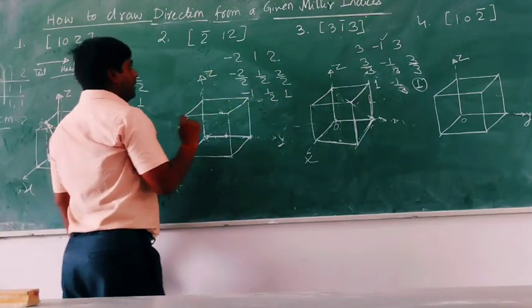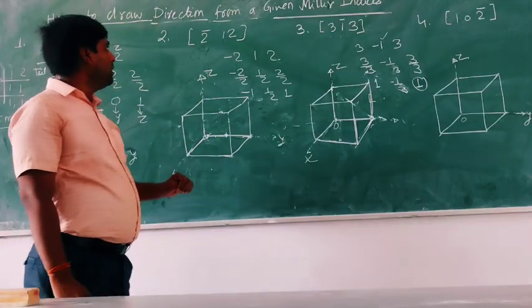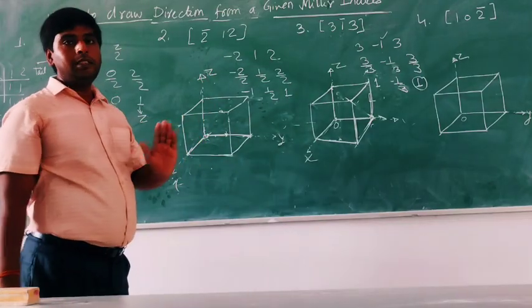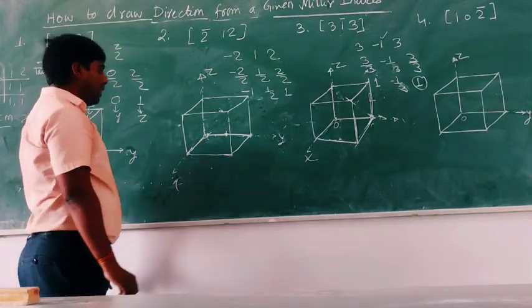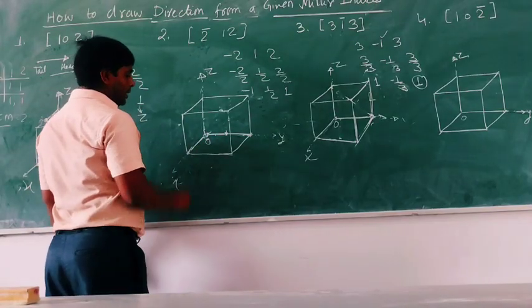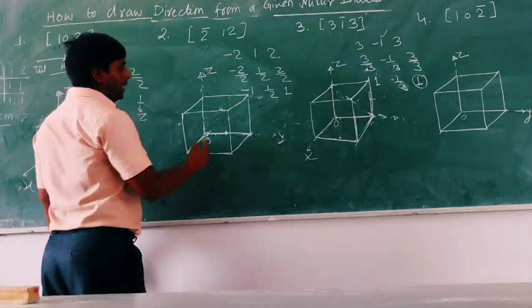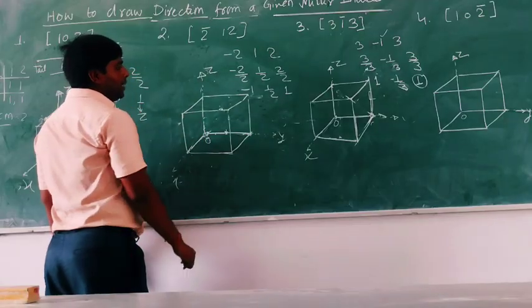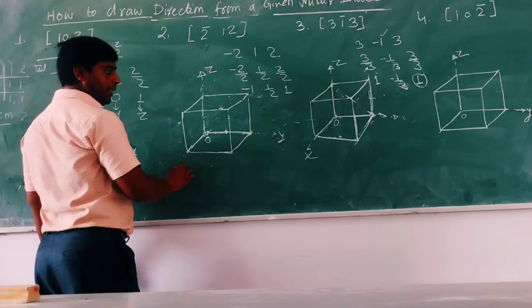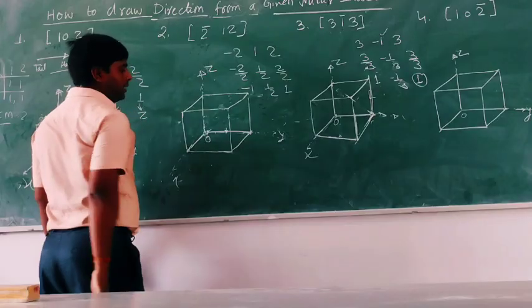In order to find the direction for a negative index, we shift the origin. Since the negative direction is along the x-axis, the origin is shifted along the x-axis. According to our assumption, this is the positive x direction, this is the positive y direction, and this is the positive z direction. If we move in this direction, it is the positive x direction, and if we move in this direction, it is considered the negative x direction.